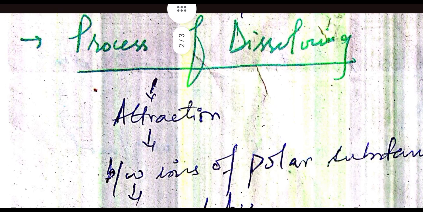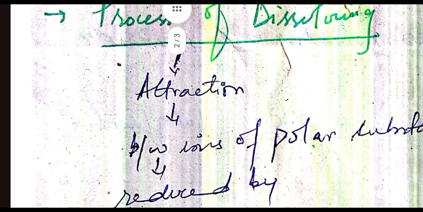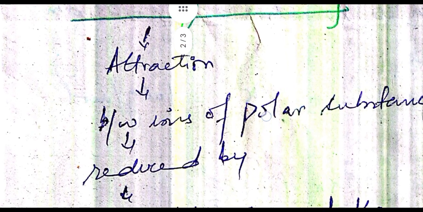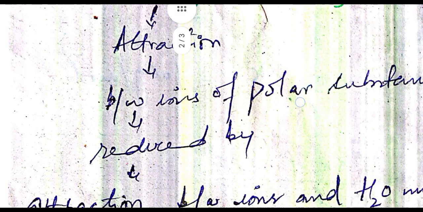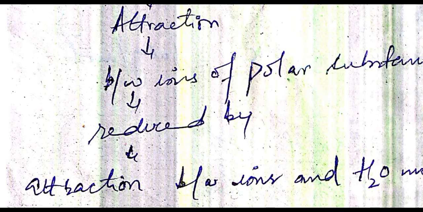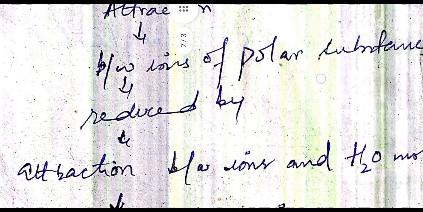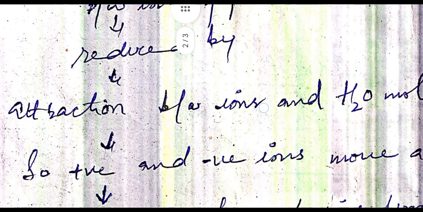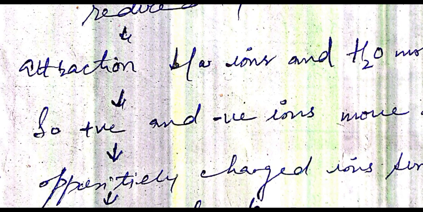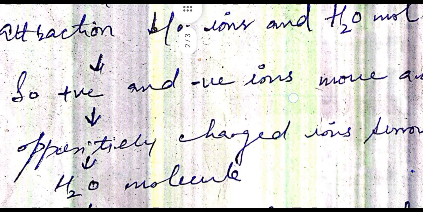How does this process of dissolving take place? The dissolution of a substance takes place by the process of attraction. Take an example of NaCl. The attraction between the sodium ions and the chloride ions becomes less, and the attraction between the ions and the water molecules becomes more, due to which the positive and negative ions move around the water molecules.